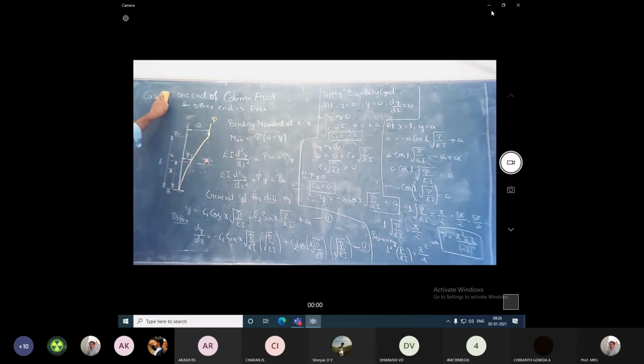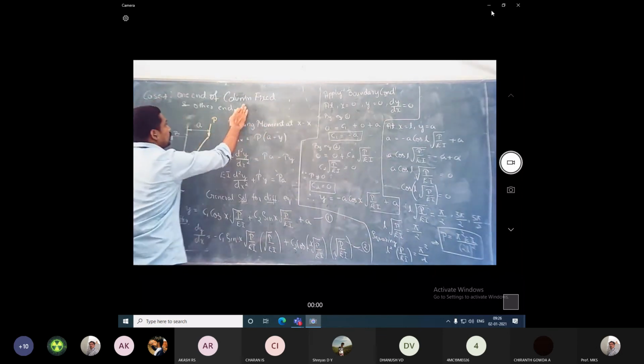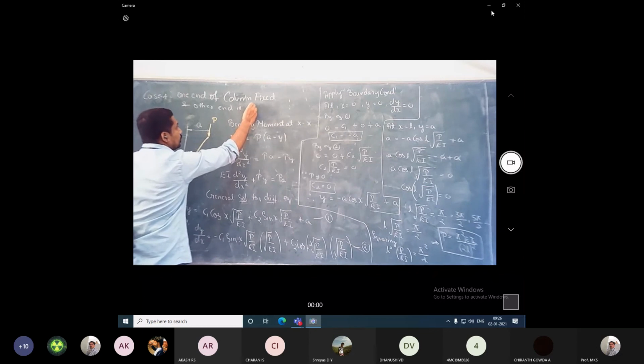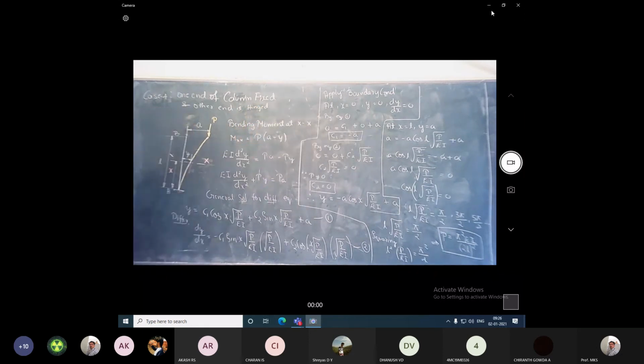So next, the last one, case 4. That is, one end of a column is fixed and the other end is pinned or hinged.